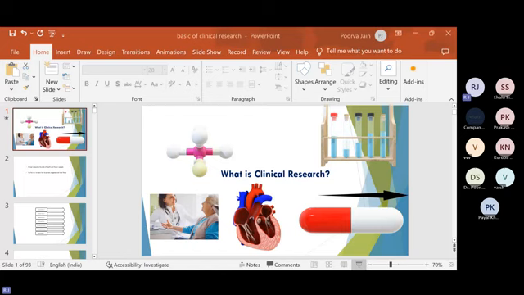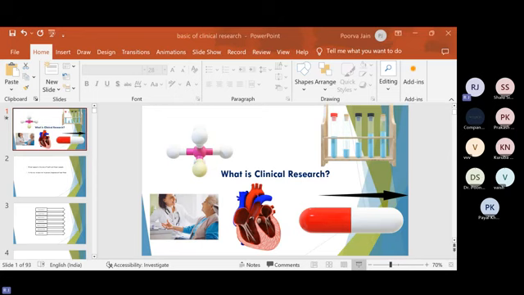Then the next one is epidemiological studies. Epidemiological studies means we try to identify the pattern of a disease. For example, recently we have seen COVID, right? Whatever research was done related to COVID to identify the pattern, how it spreads, how people get the COVID infection and so on, those kinds of research come under epidemiological studies.